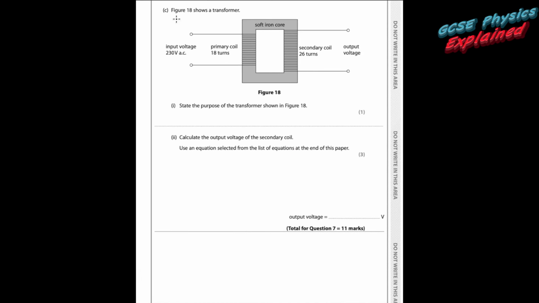Question C. Figure 18 shows a transformer. Part 1. State the purpose of the transformer shown in figure 18. Right, so you've got 18 turns on the primary, 26 turns on the secondary. It's a step up transformer, so it'll increase the voltage.